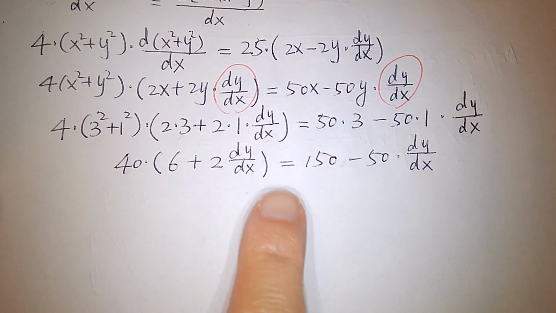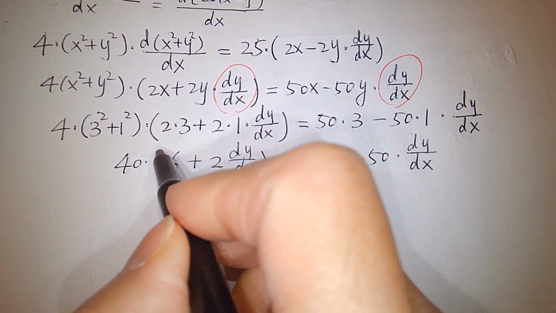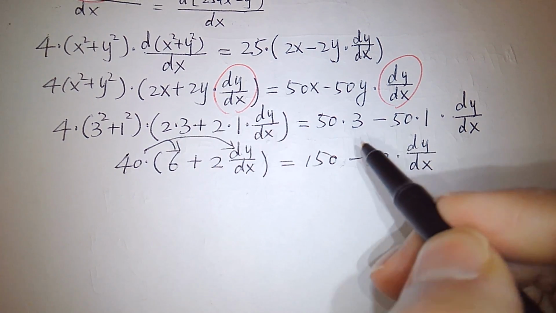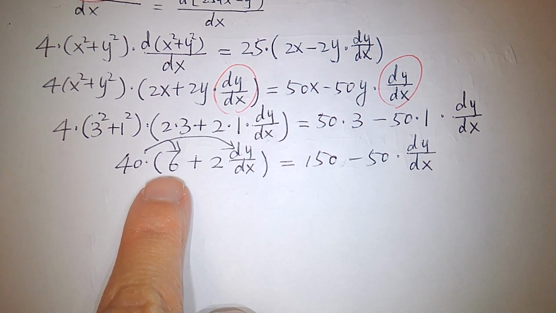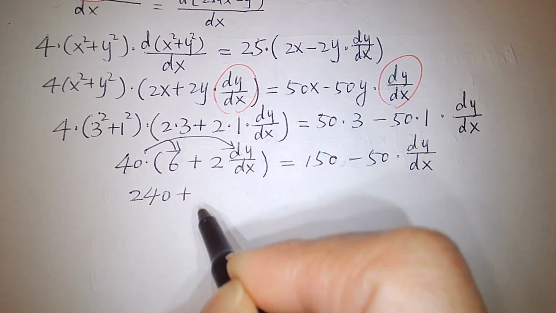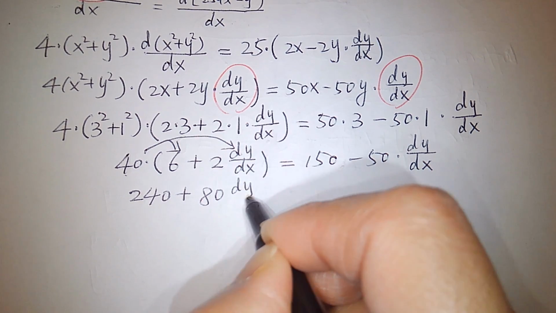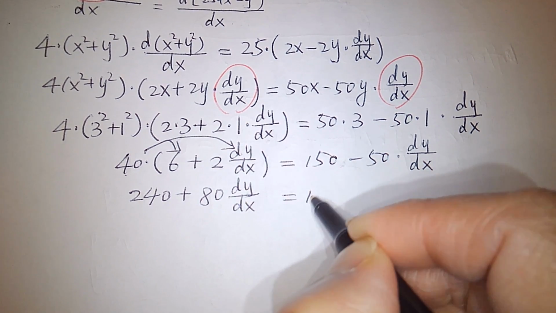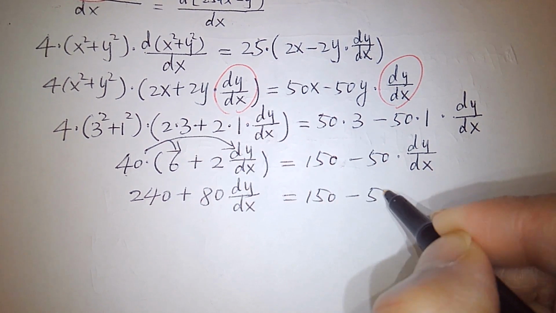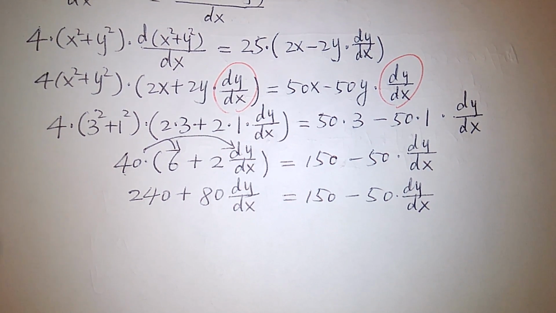Everybody? To solve for dy over dx, just like solving equations, right? 40 times 6, 240. 40 times 2, 80. Equals 150 minus 50 times dy over dx.